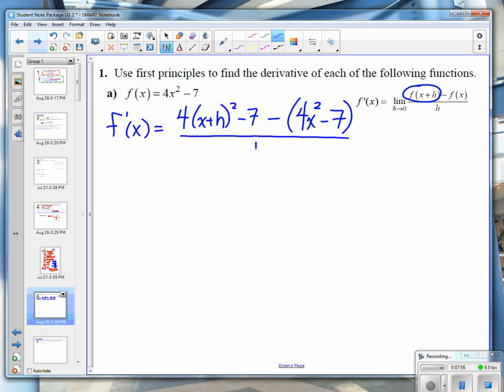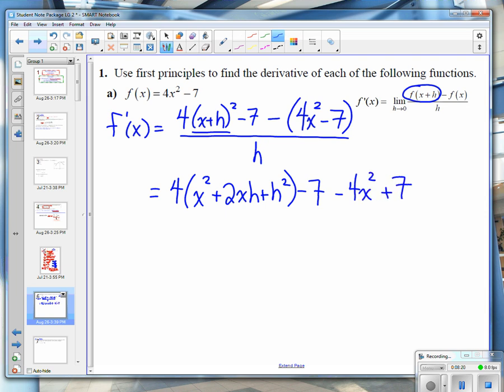And all of that is going to be divided by h. Now the same thing, you'll just realize that we copy and repeat the same thing over and over again. Again, I need to expand that, FOIL it out. So that's going to be 4 times x squared plus 2xh plus h squared minus 7. And then minus 4x squared plus 7, all divided by h.